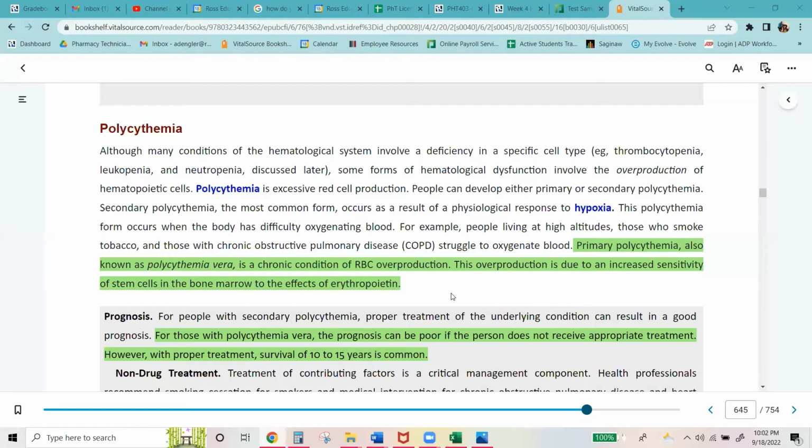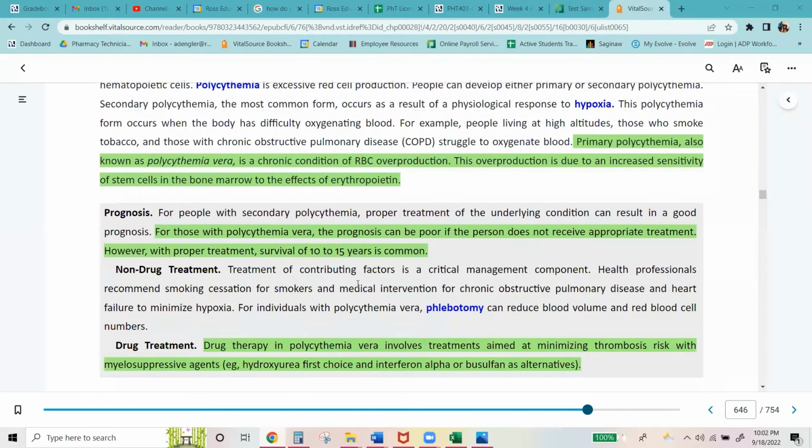This overproduction is due to an increased sensitivity of stem cells in the bone marrow to the effects of erythropoietin. For those with polycythemia vera, the prognosis can be poor if the person does not receive appropriate treatment. However, with proper treatment, survival can last from 10 to 15 years.